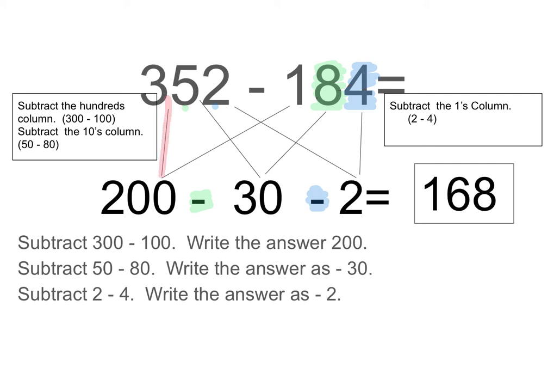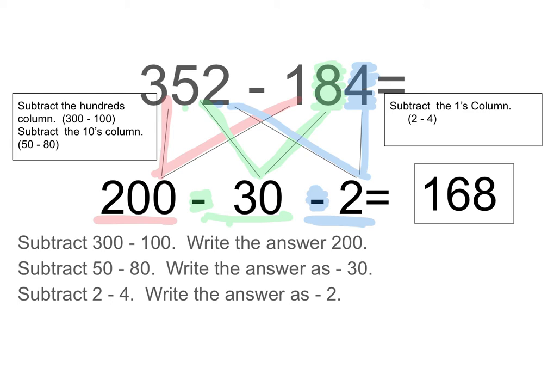So 300 minus 100 equals 200. Subtract our tens now. 50 minus 80, which is larger than the 50, gives us that negative 30. 2 minus 4, which the 4 is larger than the 2, gives us that negative 2.